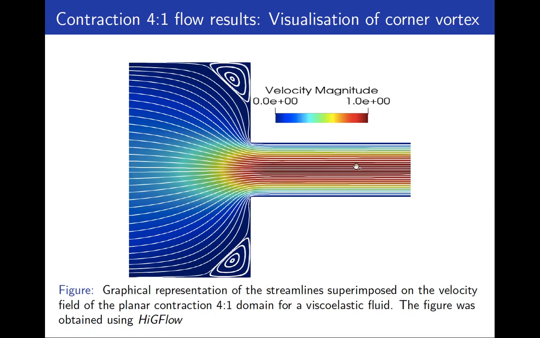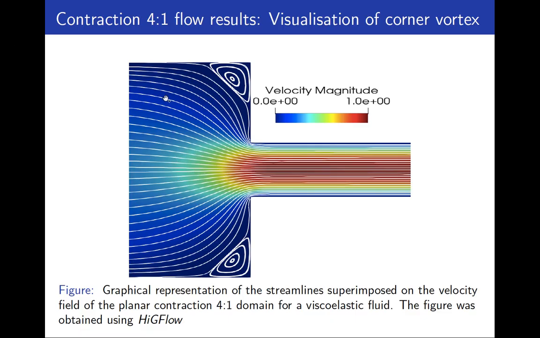As you can see, the values in red are telling us that we are observing higher values of velocity at the center of the smaller channel, and the values of the velocity close to the walls are almost 0, and this is because we were imposing no-slip boundary conditions there. You can also see that the velocity is 0 at the corners of the small channel, and then intermediate values of velocity near the contraction.